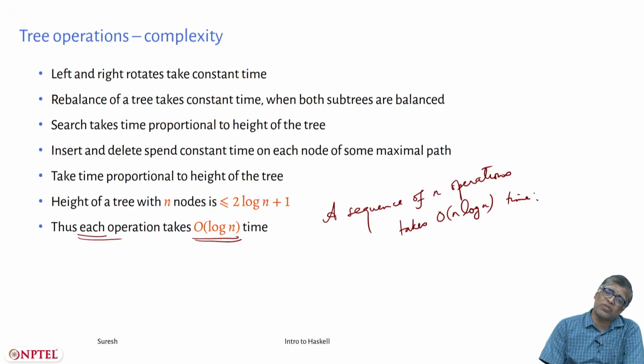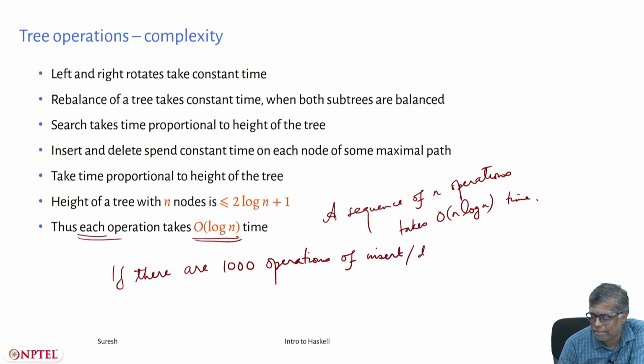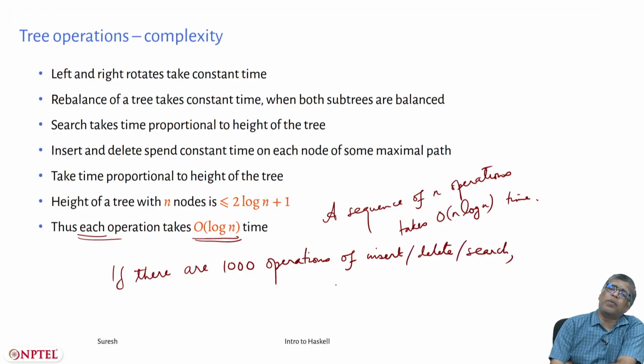But this is also the same case with deletions. If I do 1000 operations where arbitrarily I do insert, delete, etc. And typically with these kind of operations, search will be the most often performed operation, then insert and then delete.